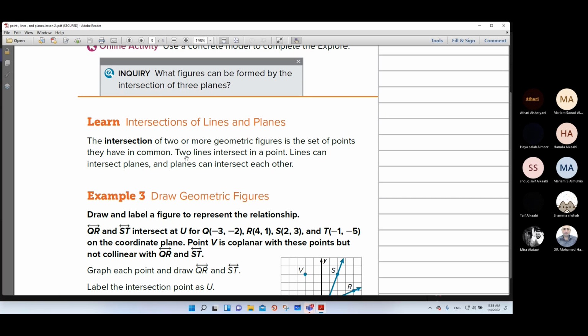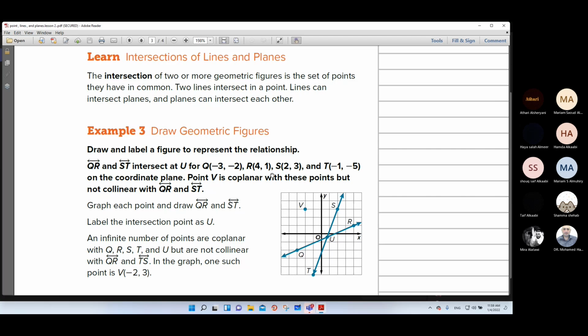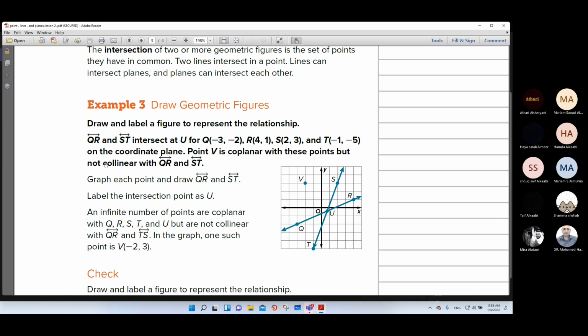So, two lines intersect in a point. Lines can intersect planes and planes can intersect each other. For example, this line and this line are intersecting because we have a common point between them.